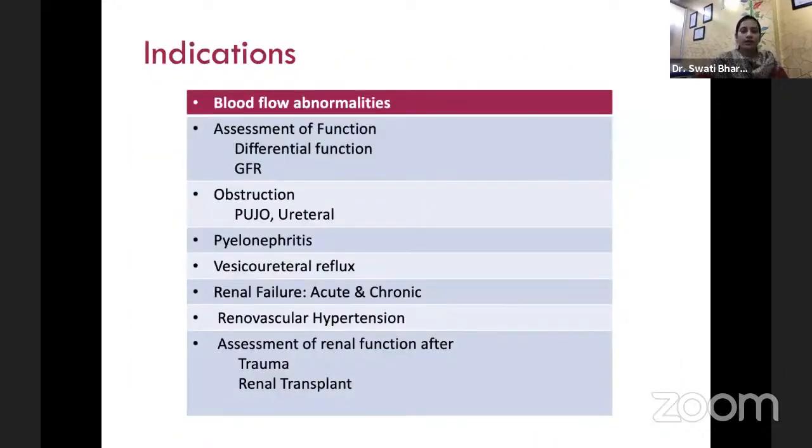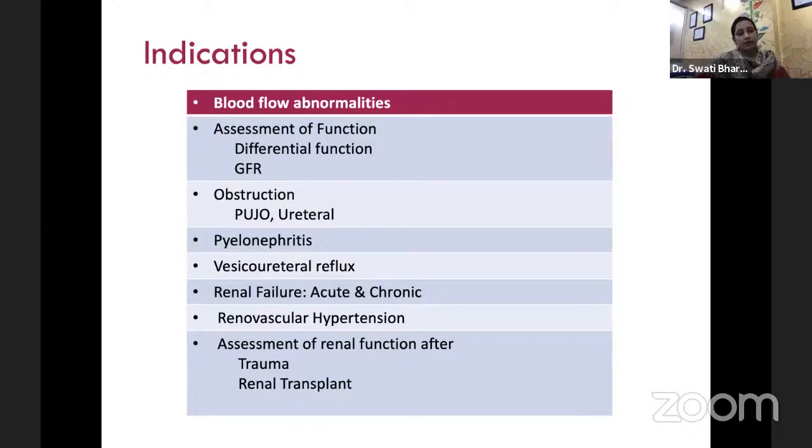So what are the indications of various nuclear scans? They can be used to assess perfusion, assessment of function like differential function of the kidneys and glomerular filtration rate, assessment of obstruction and its severity and how it functionally affects the kidneys, like in cases of pelviureteric junction obstruction or ureterovesical junction obstruction.